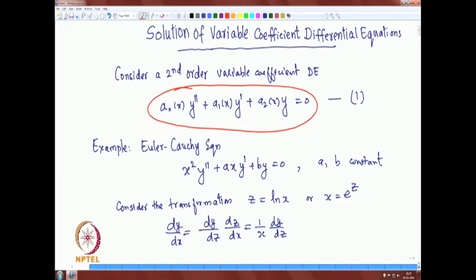If this cannot be reduced into a constant coefficient equation and no other methods are available to solve it, then one method of solving is by using the power series solution of this differential equation. So, let us see how to solve this by using a power series solution.